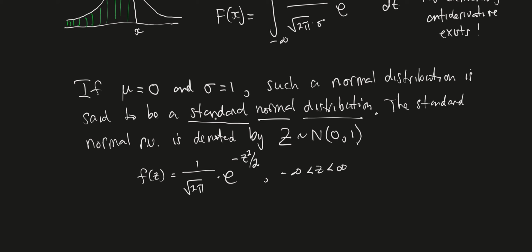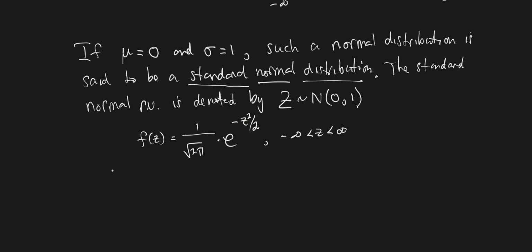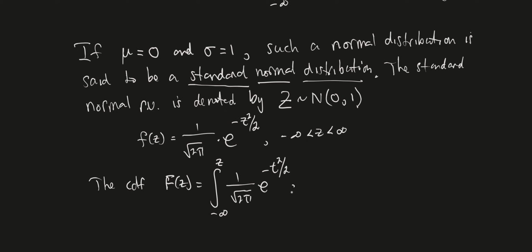So the CDF, which would now be my big F of z, is the integral of this from negative infinity up to little z, integrating that function, so 1 over the square root of 2 pi, and then e to the negative, I'll switch to my t squared over 2 dt.